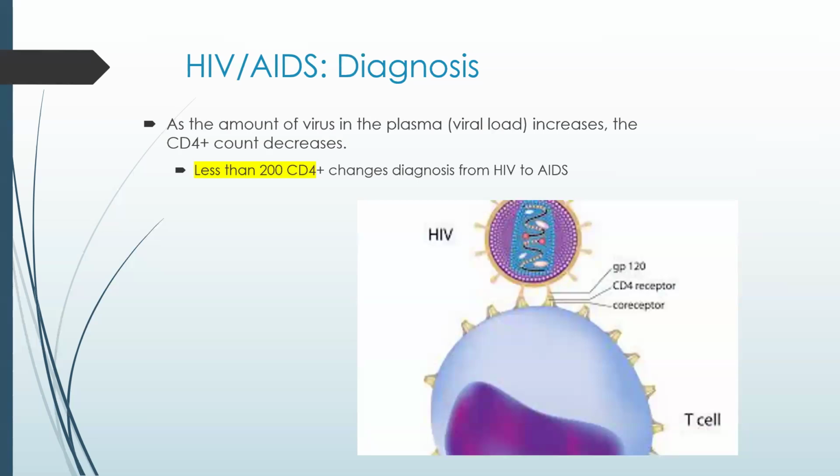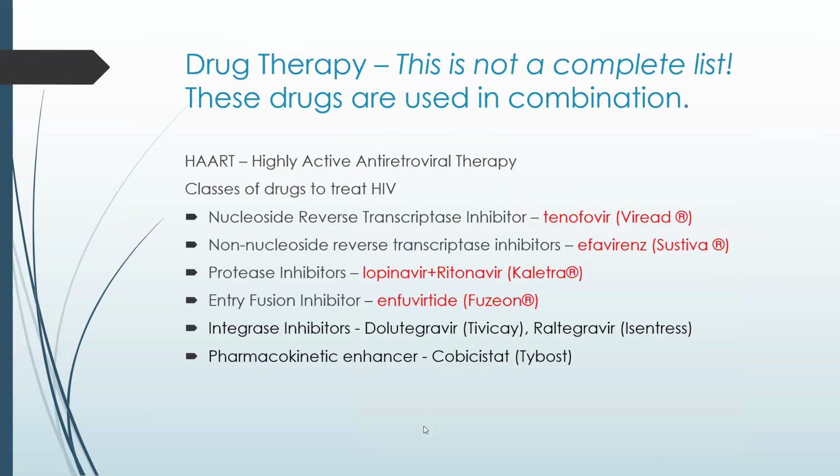Once somebody has a CD4 count below 200, that changes their diagnosis from just having HIV to having full-blown AIDS. As far as the medications, which is predominantly what we're supposed to be focusing on, one thing I'd like you to really pay attention to is the suffix.